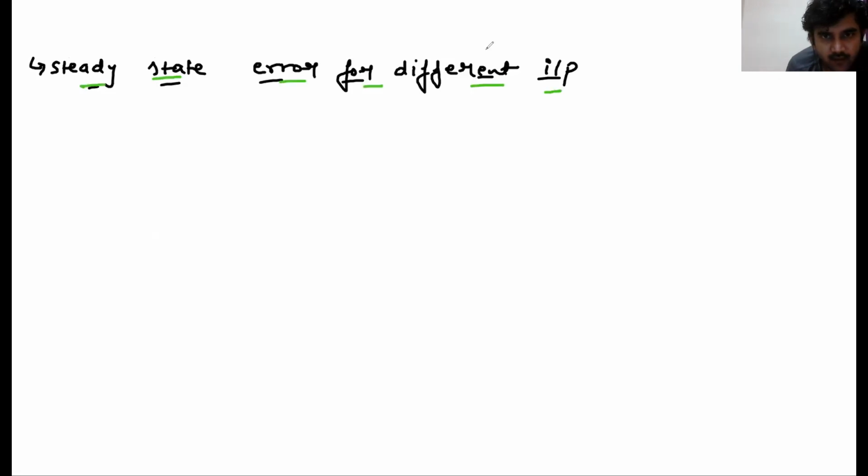Let's first write the formula here: limit s tends to 0, sE(s) should be equal to 0.